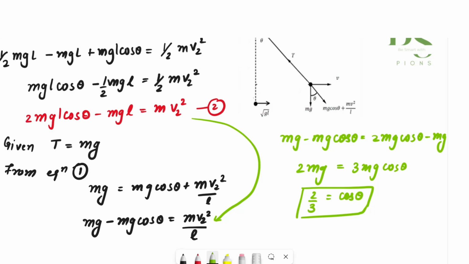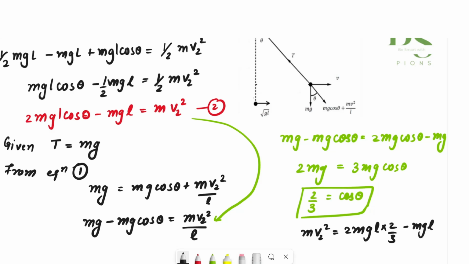So cos theta is 2 by 3, the angle at which you are getting this velocity. So let's find the v2 value. If cos theta is 2 by 3, let's put it back into our main equation. We have mv2 square equals, from equation number 2, the red one, 2 mgl cos theta, with cos theta as 2 by 3, minus mgl.